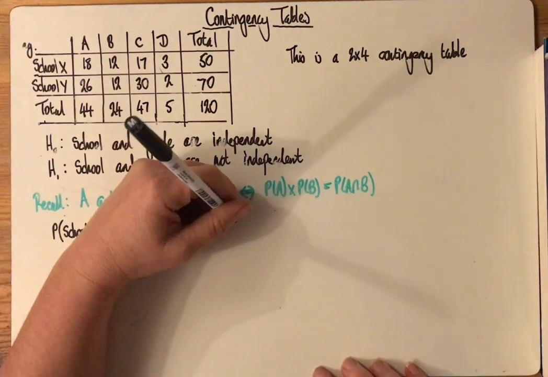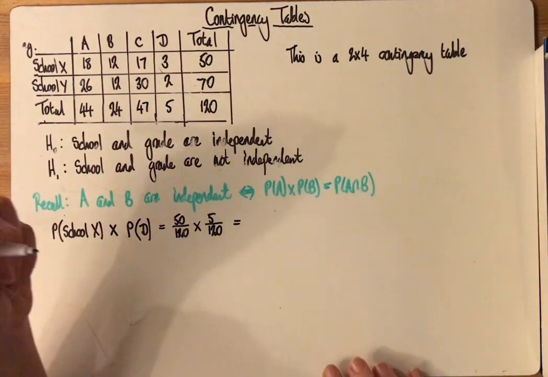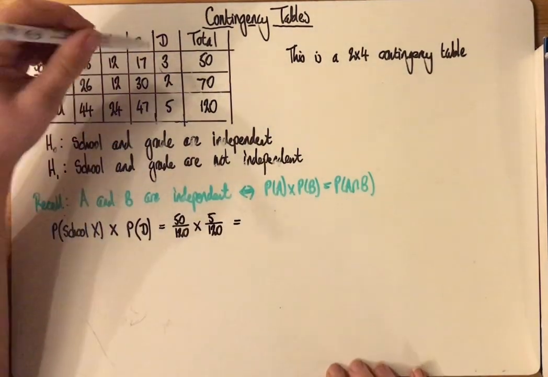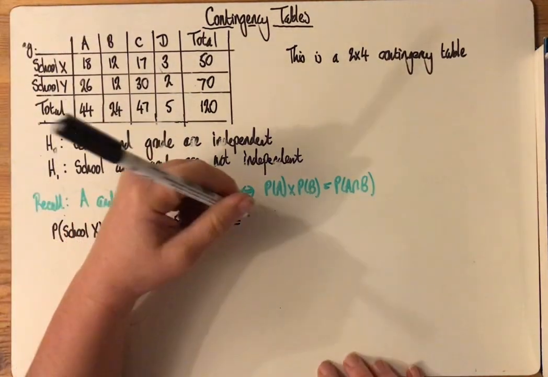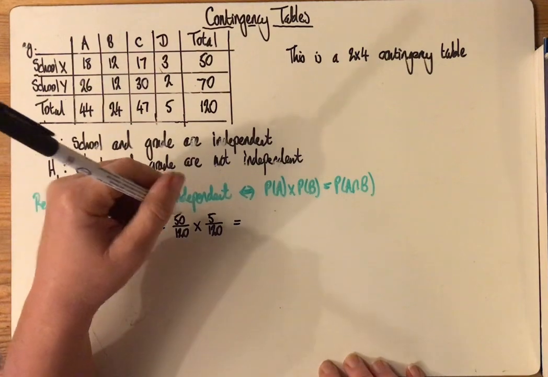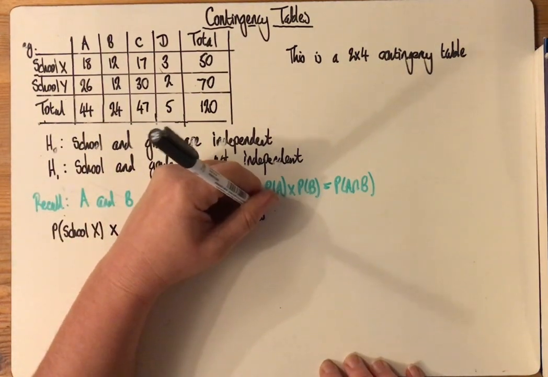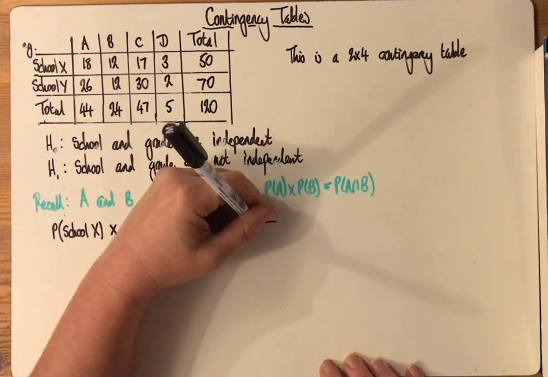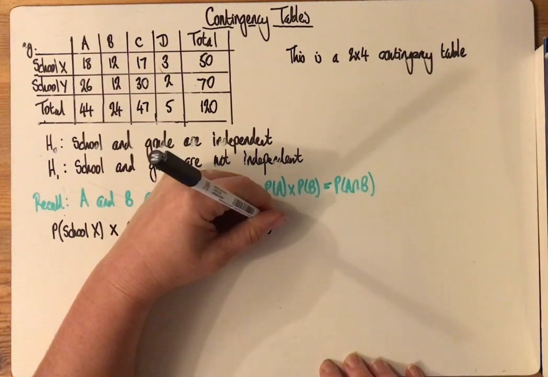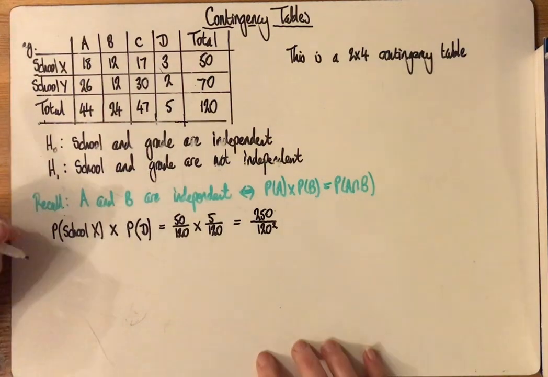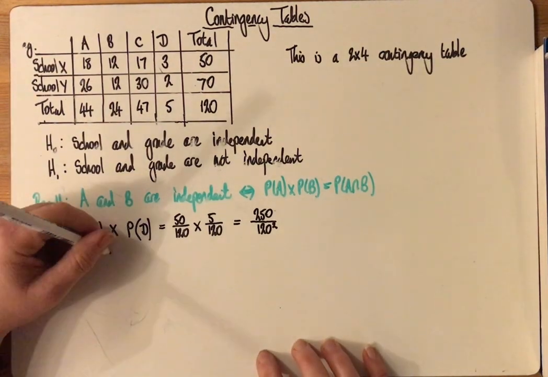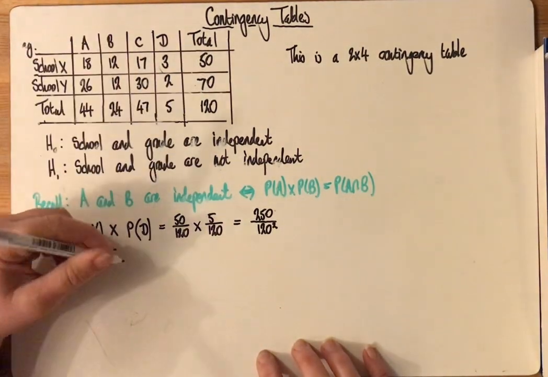And when you multiply this together, if they're independent, this is the probability of being here. So that gives us 50 times 5, which is 250 over 120 squared.